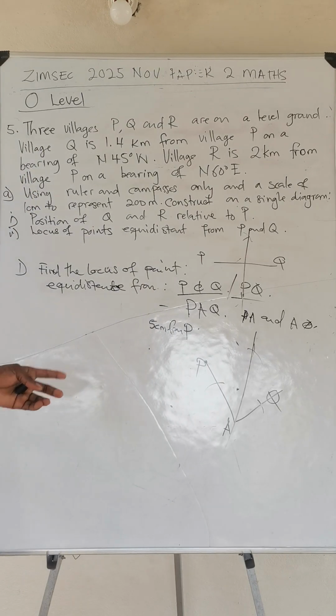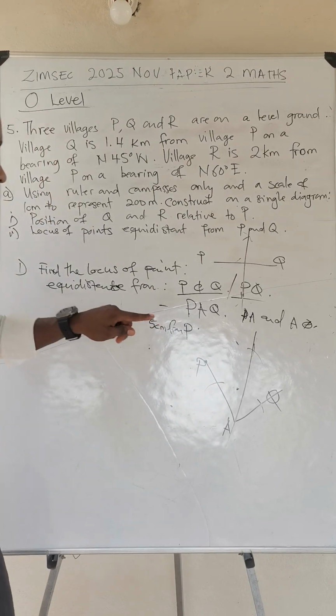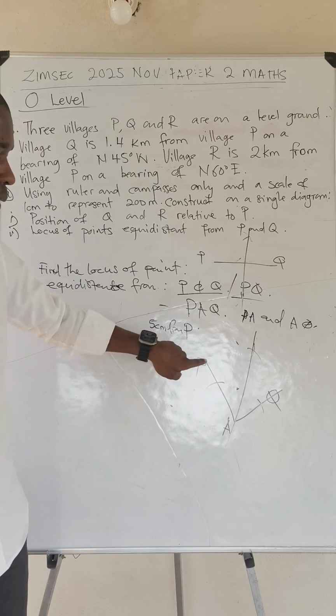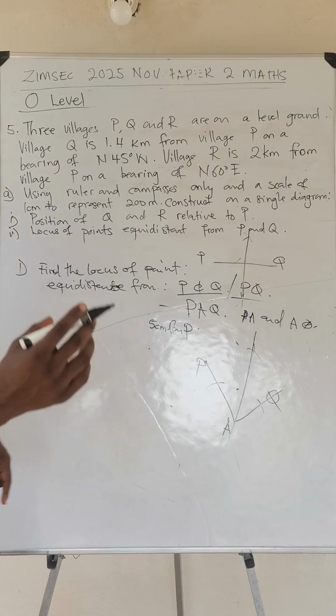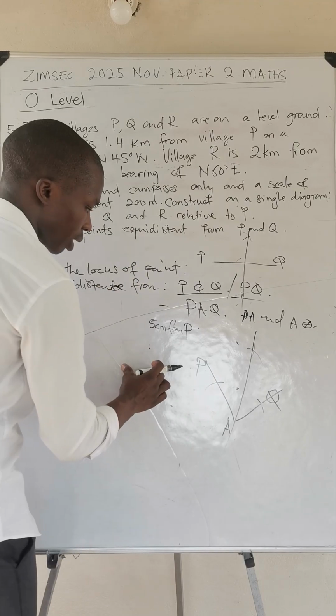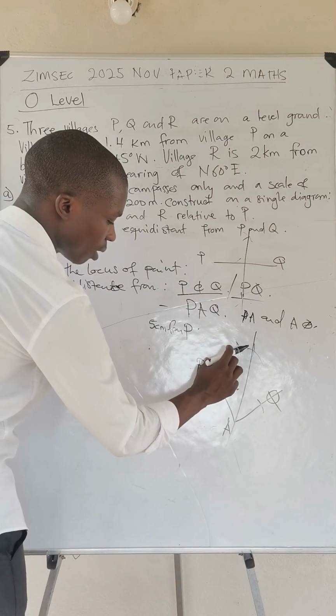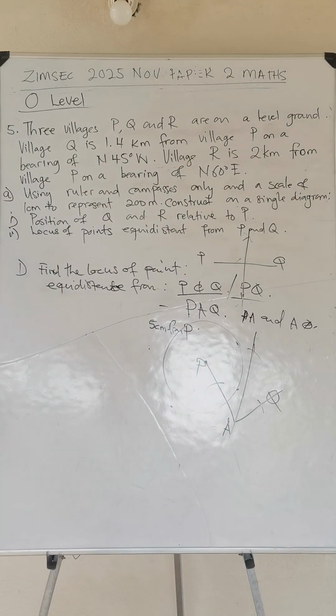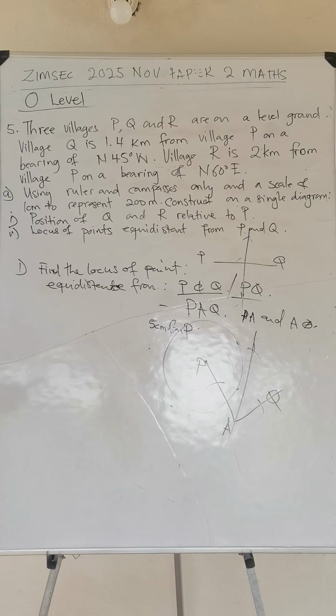So what do they mean? You have to draw a circle of radius 5 centimeters from the point P. You take your compass and measure on the ruler, then you come here with a 5 centimeter radius and produce a circle like this. This is how they ask their question.